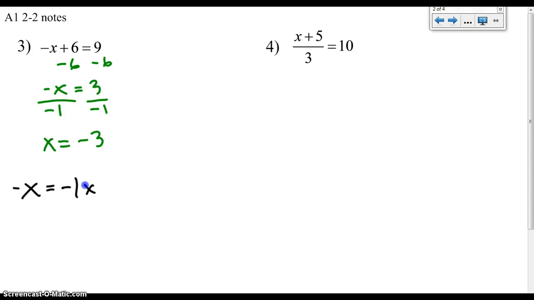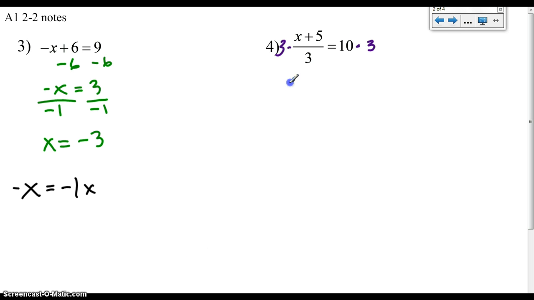All right, number 4. On this one, you might be tempted to deal with this addition, since I said to follow the reverse of the order of operations. However, this bar right here is actually a grouping symbol. So we need to deal with the 3 before we move on to deal with the plus 5.